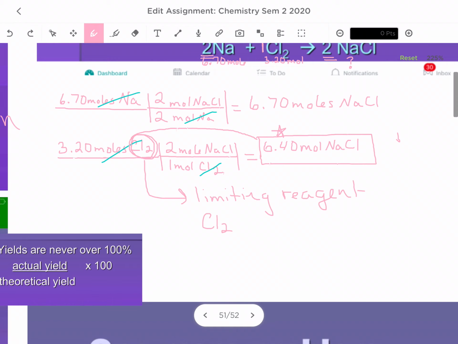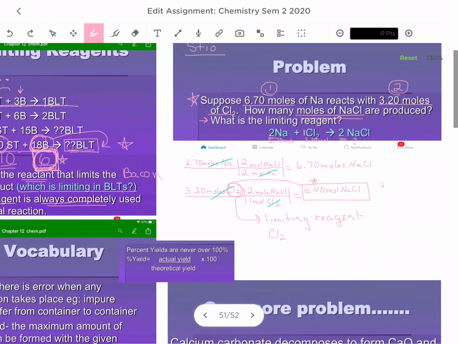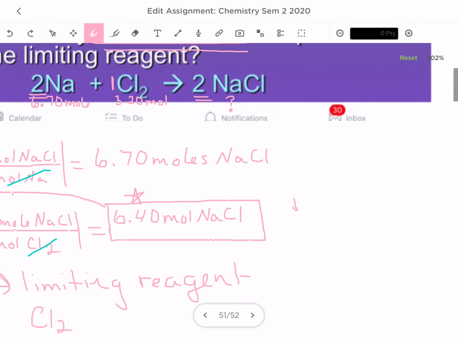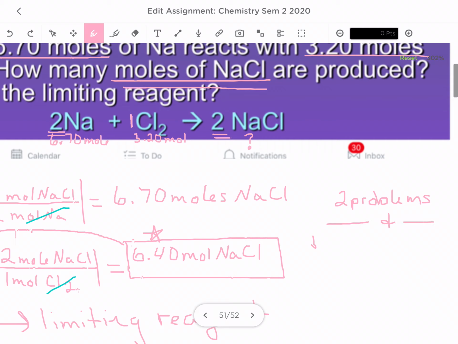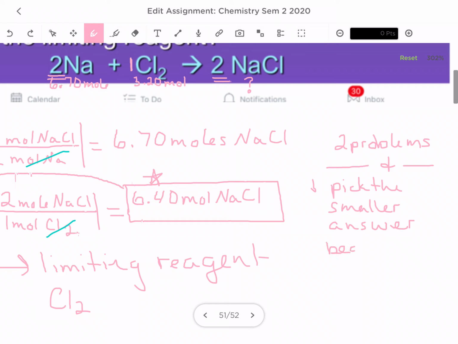So again, with these problems, you're going to do 2 problems with the things that you underlined one time, and then you're going to pick the smaller answer, and then go back to the beginning, and that gives you your limiting reagent.